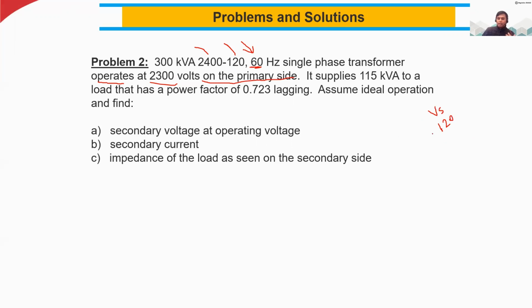This transformer is designed for a certain capacity. It's supposed to give that 120 volt at the secondary side. We don't have a transformer here in the picture, but we are applying 2400, operating at 2300, and here we are getting 120 volt.